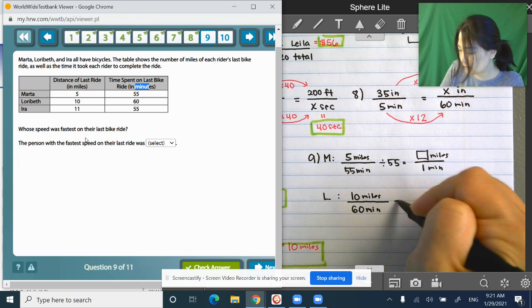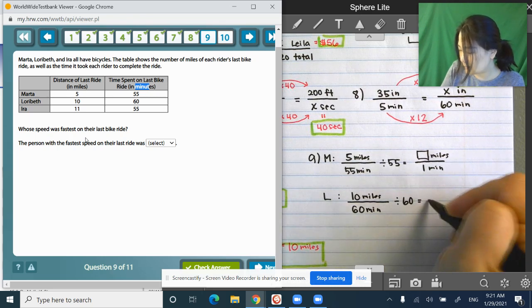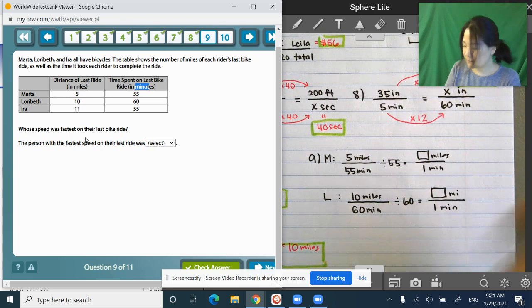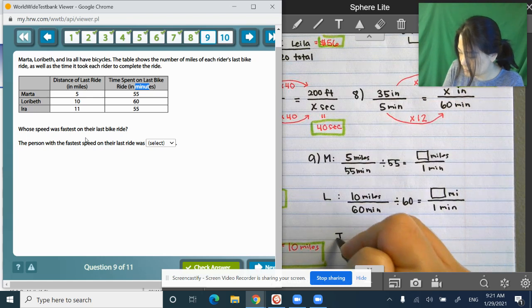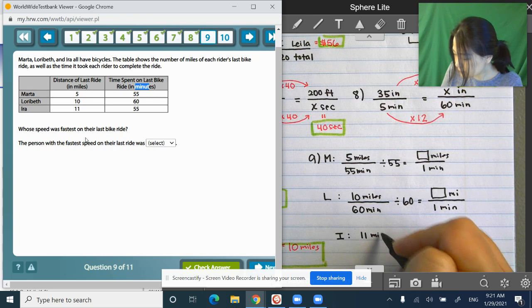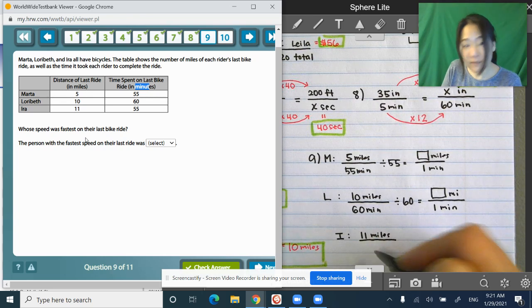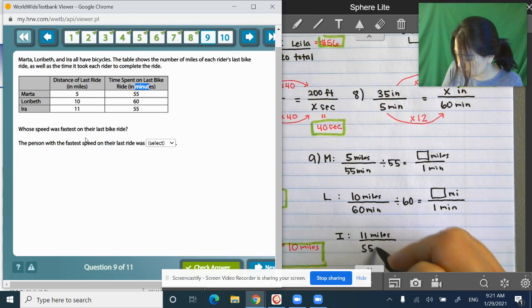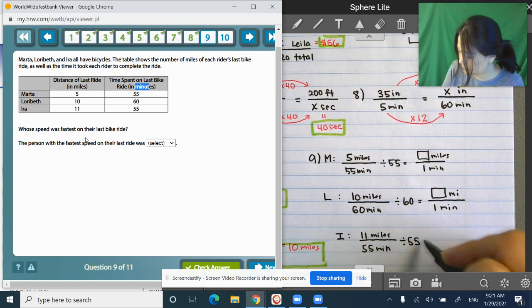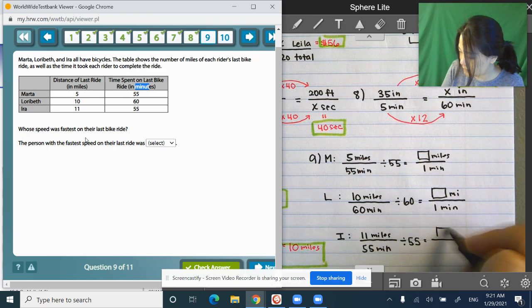And I'm going to divide by 60 to find out how many miles per minute. And then for Ira, I'm going to do the same thing. 11 miles in 55 minutes. Divide by 55. And that would give me how many miles per minute.